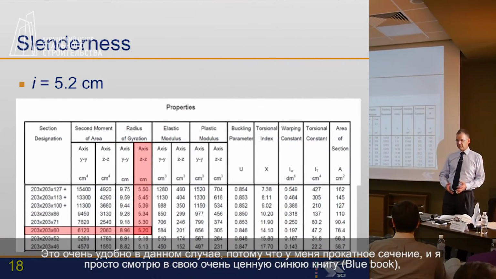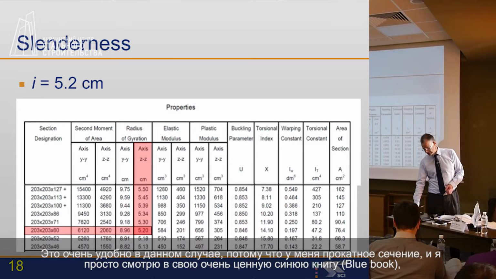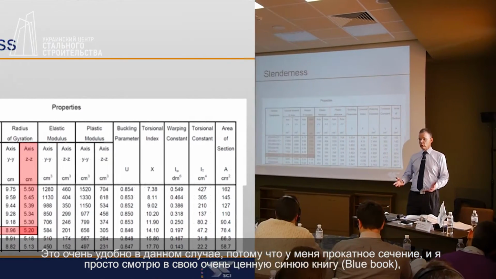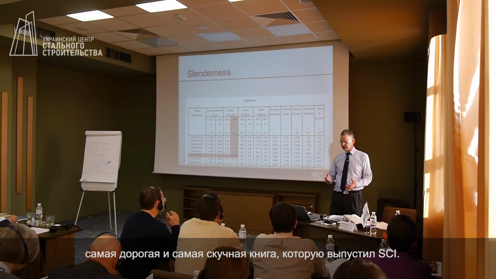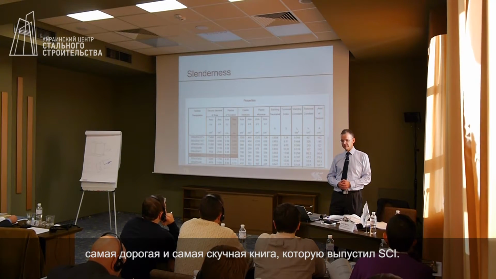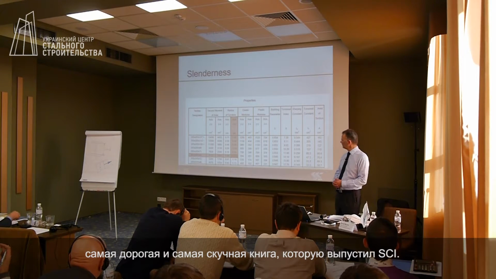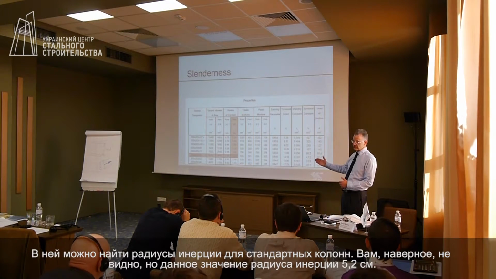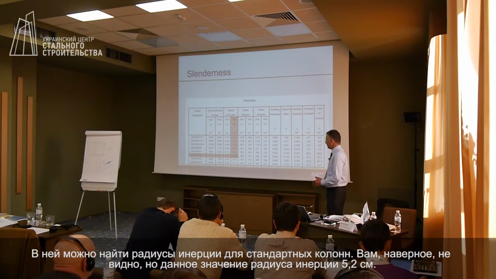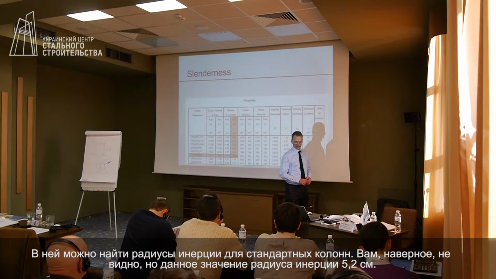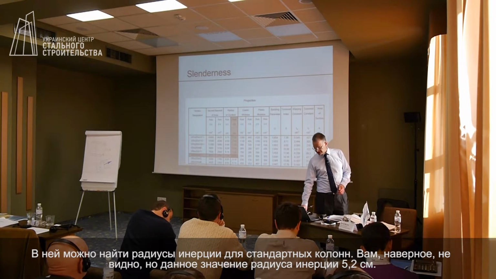It's convenient because I'm using a rolled section, so I would simply look in my very valuable blue book, the most expensive book that the SCI produces, the most boring book that the SCI produces, but it has the radius of gyration for a universal column. You probably can't read it, but it's 5.2 centimetres.